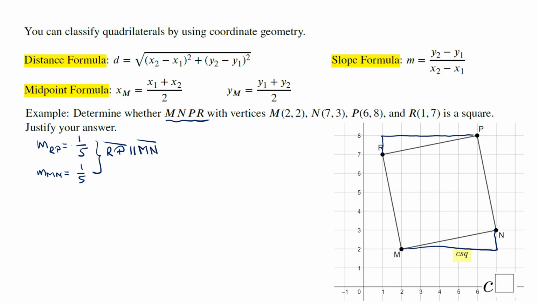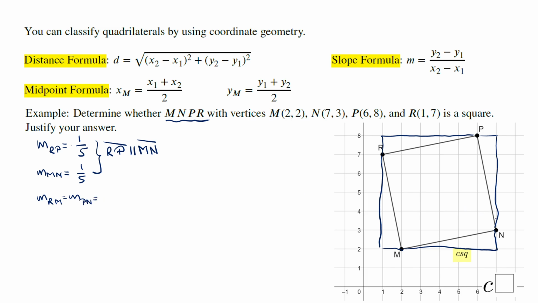Very similar we're going to do for RM and PN. You notice they have the same slope. I'm going to write that in one statement. The slope of RM is the same as the slope of PN. And what is that?